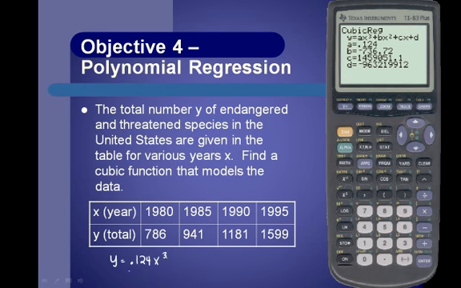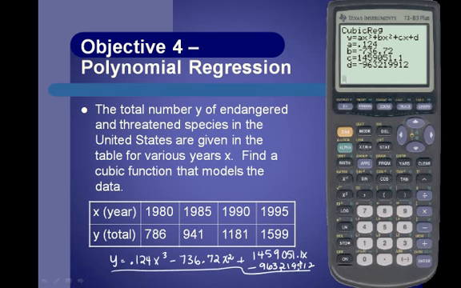So y equals 0.124x to the third minus 736.72x squared plus 1,459,051.1x minus 963,219,912. So this would be our cubic function modeling this data.